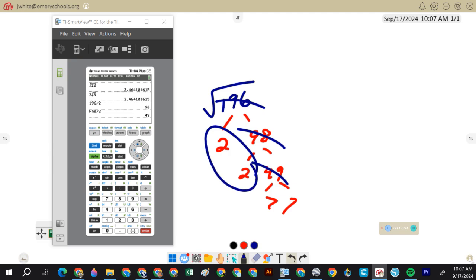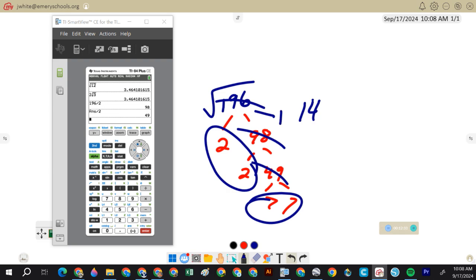Circle a set of 2s and a set of 7s. So what's on the outside? 2 times 7 is 14. And what's left on the inside? Nothing. Does that mean there's a 0 on the inside? No, it's actually a 1. Right? Every number has 1 as a factor.